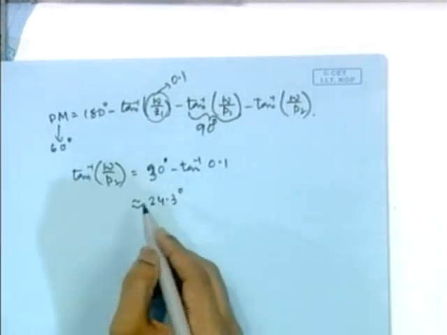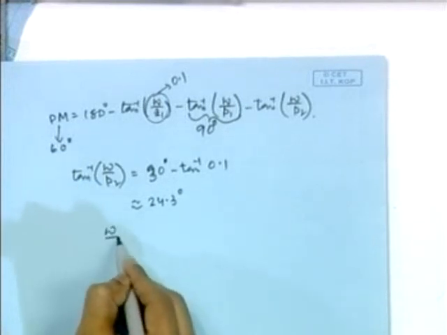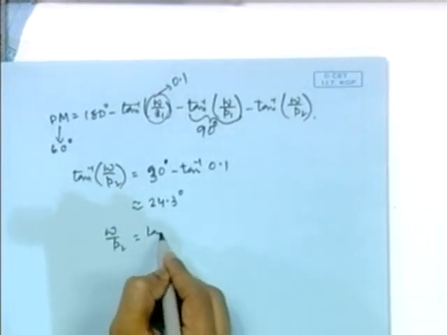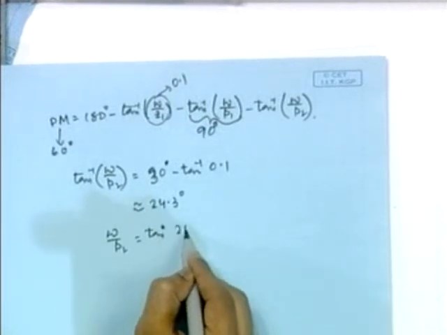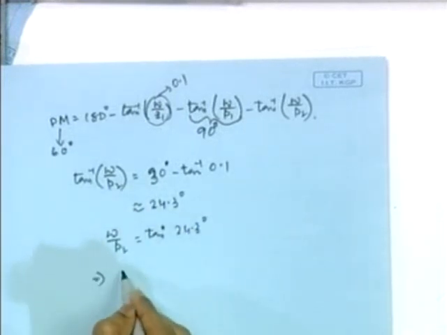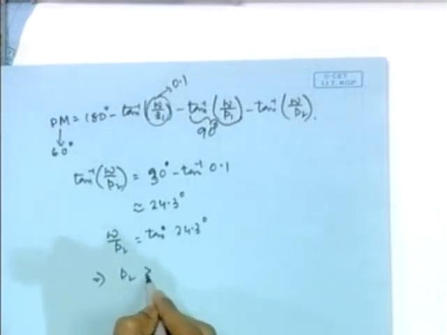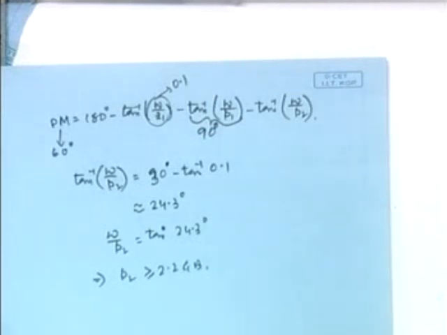So omega by p2 is equal to tan 24.3 degree, and from there we get that p2 is obviously larger than GB, about 2.2 times larger. What I told you in that discussion is that p2 should be placed somewhere far away from the gain bandwidth, so you should place it at about 2.2 times the unity gain bandwidth or larger.